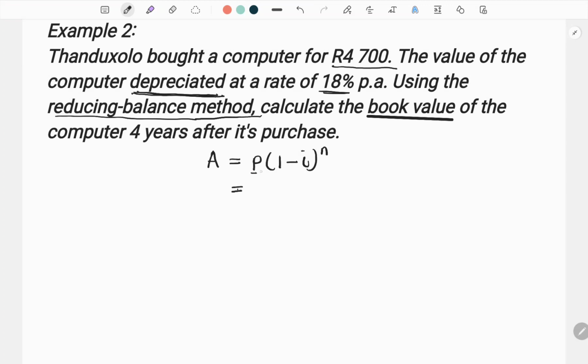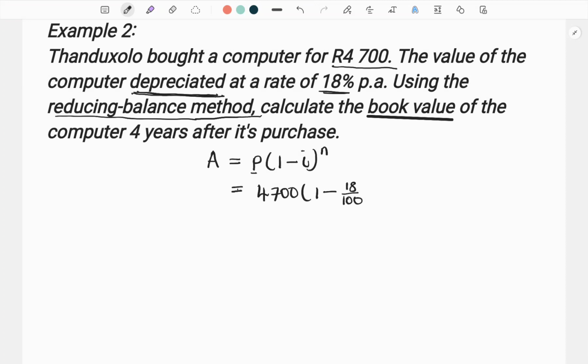You have your P, which is 4,700. 1 minus your interest, which is 18% per annum. So 18 over 100. In depreciation, there's no such thing as compounded monthly or compounded semi-annually.